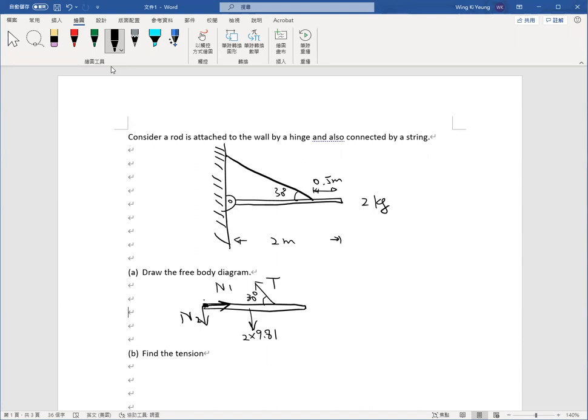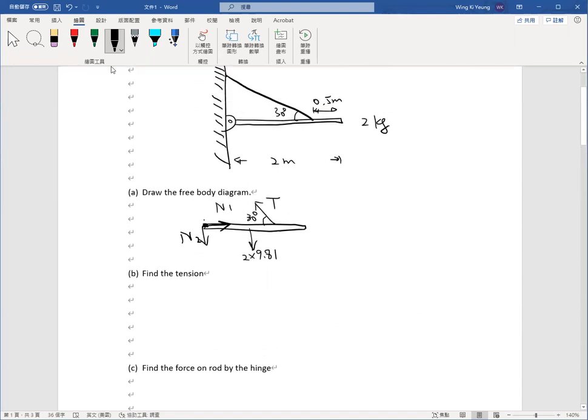Okay. So how can we find the tension? Do you still remember? If there's a hinge, most likely you take the moment at the hinge. So you take the moment at this point. N1 and N2 pass through this point, so there's no moment provided by N1 and N2.